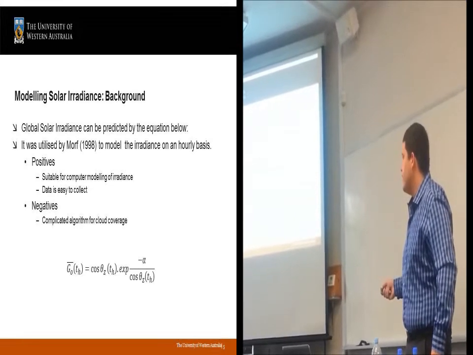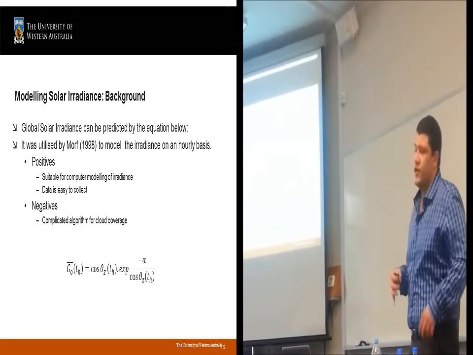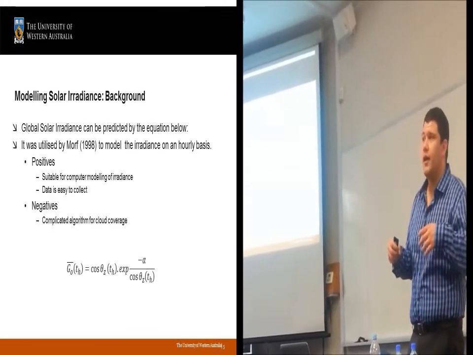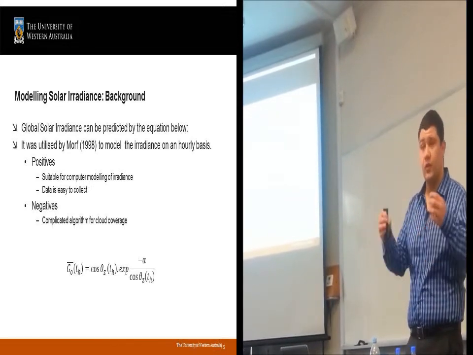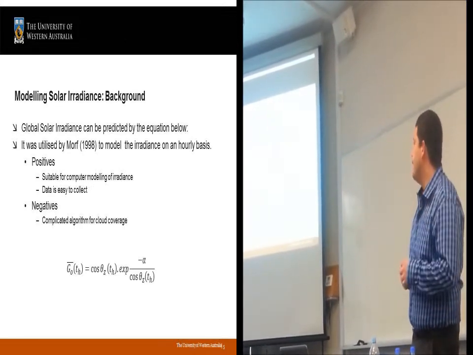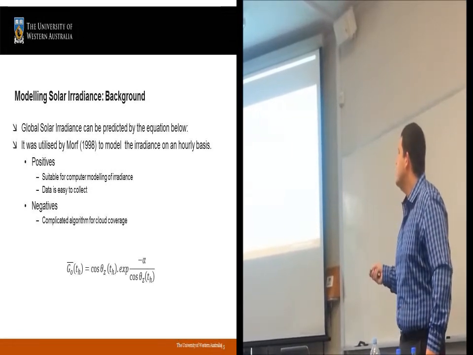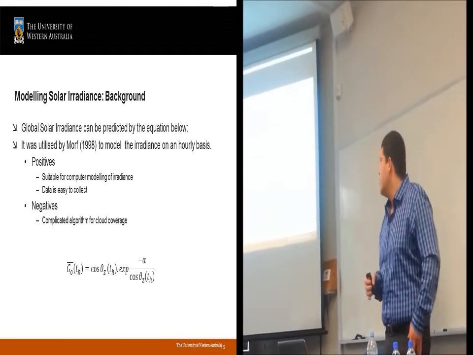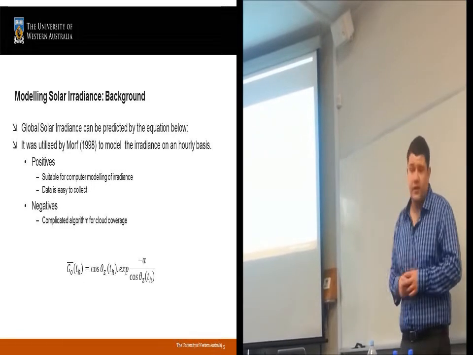And this is the equation utilised by Moore, who wrote a journal article on suggested models to utilise when modelling irradiance. And so the model he suggested has some positives, so it's suitable for computer modelling of irradiance, which is what we need, and the data is easy to collect.